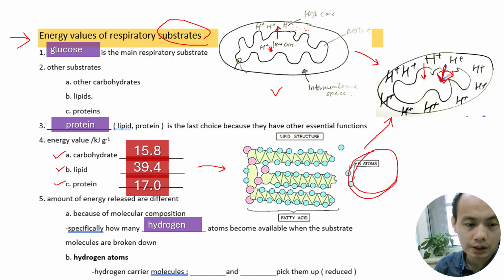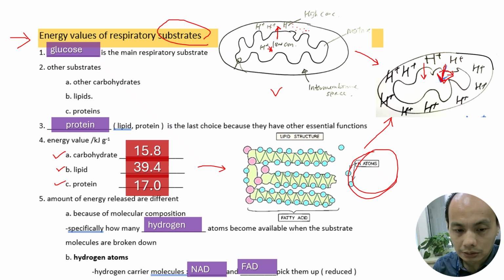Okay, hydrogen carrier molecule. There are two hydrogen carriers. We call them NAD and FAD. To pick the hydrogen up, you treat them as taxi drivers picking up hydrogen.